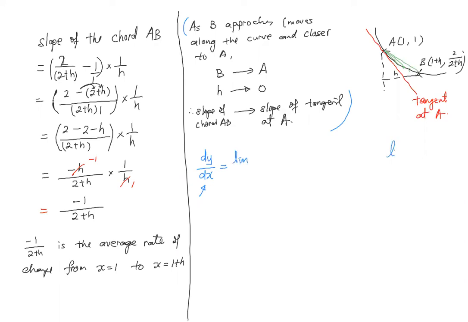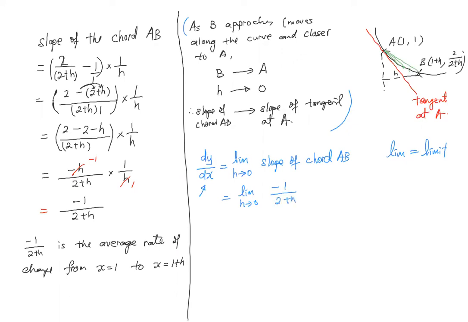So lim represents the word limit. The limit of the slope of the chord as h approaches 0. So the slope of chord AB is equal to the limit as h approaches 0 of our slope of the chord, which is here.